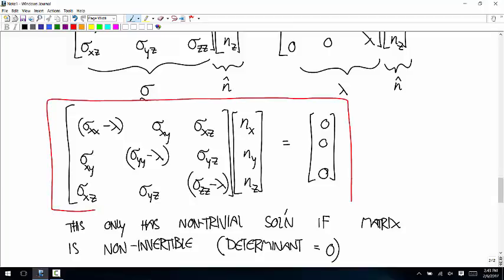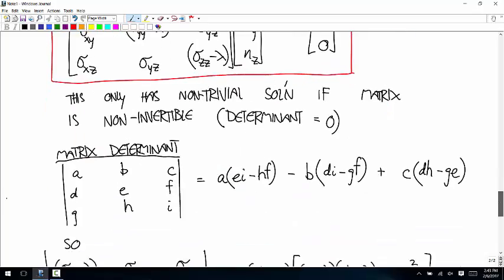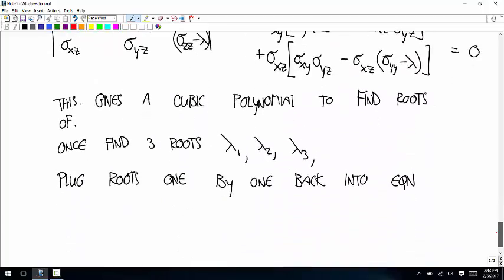This one right here, let's call this equation star, to find the corresponding eigenvectors.